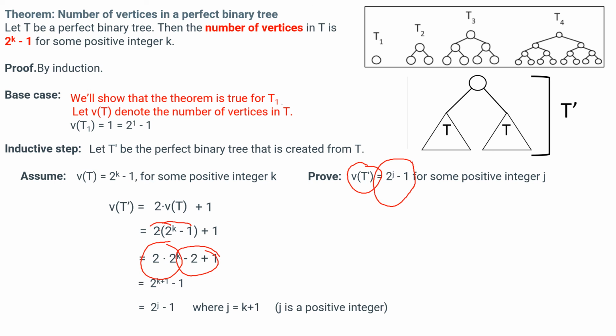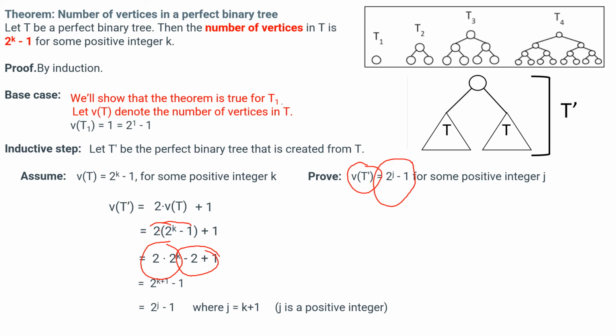So, if we wanted to go on and talk about it in terms of J, then we could say I could write it as 2 to the J minus 1, where J is equal to K plus 1, which would have been the K for that previous one. And so, again, J would be a positive integer. So, yes, we have proven that pattern.